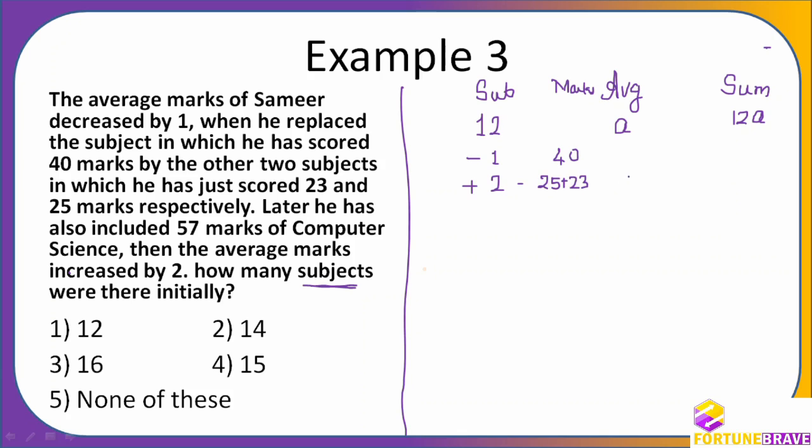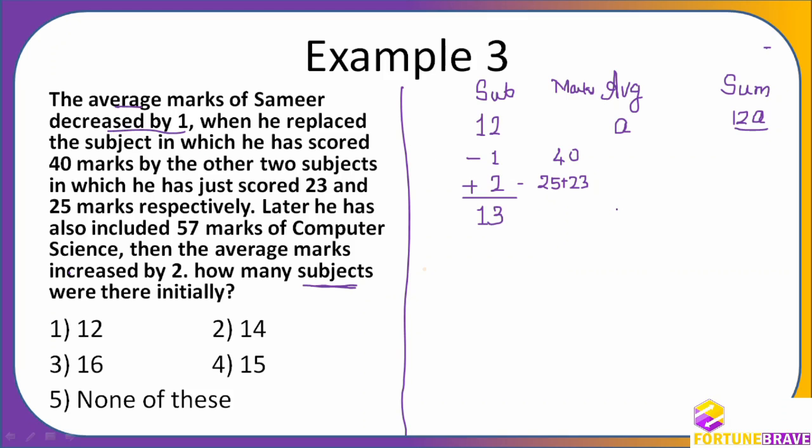Now what will happen to the sum? Try to understand. If I am not going to do anything with this, the 12 will remain 12. The subjects will now be 13, right? And what has happened to the sum? We are not going to take 13 into some average, a new average will come, we will not do that. There are two ways of solving this. 13 subjects are there, and they say the average is decreased by 1.